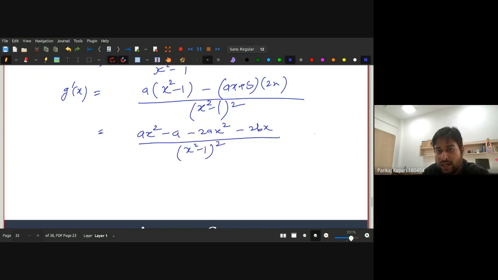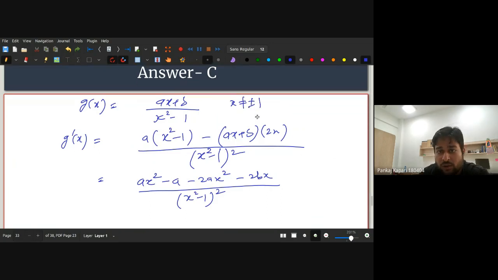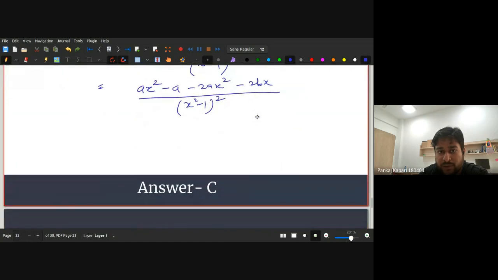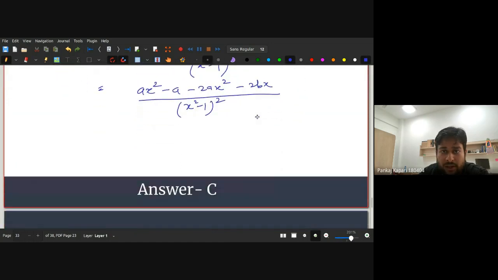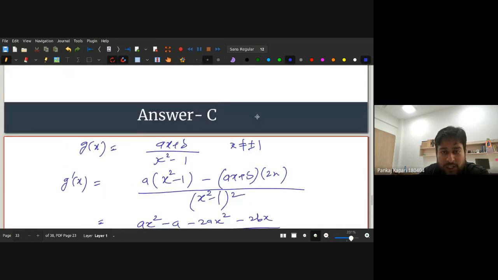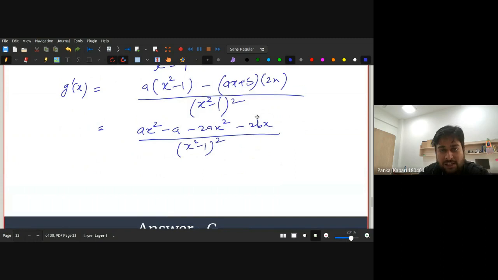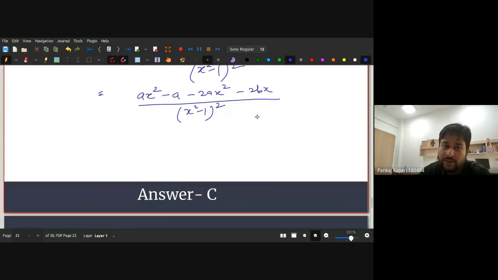Notice that the derivative is not defined at x equal to plus minus 1, and even the function is also not defined at x equal to plus minus 1. So let's assume that x is not equal to plus 1 or minus 1. So the critical point, which is x equal to 3, at that point the derivative must vanish, right? Because at x equal to 3 the function is defined, the derivative is defined and everything.